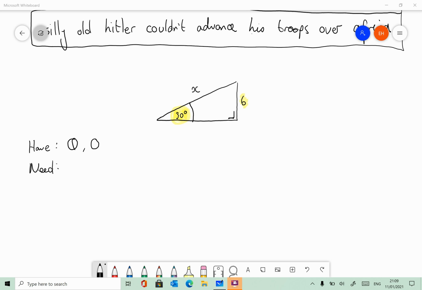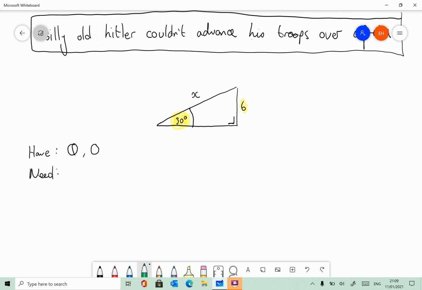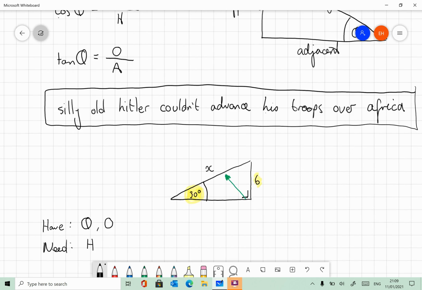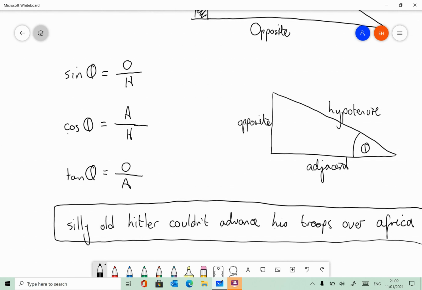Anyway, okay. So we have the opposite. Now, what do we call x again? X is across from the right angle, so x is the hypotenuse. Okay, so we go back up to our sine, cos, and tan.